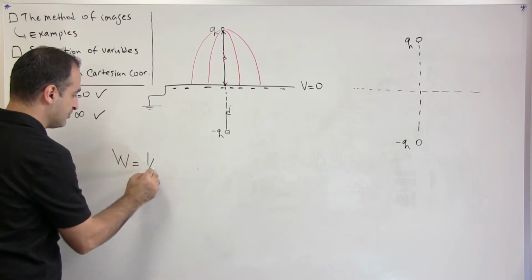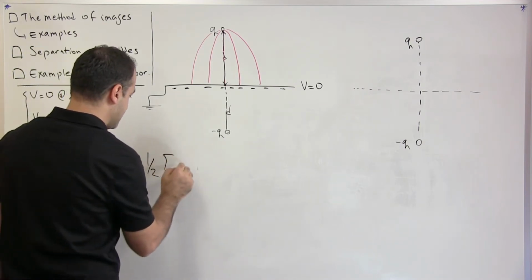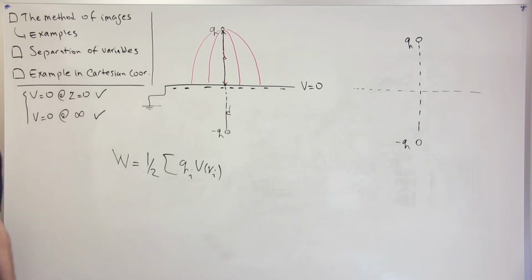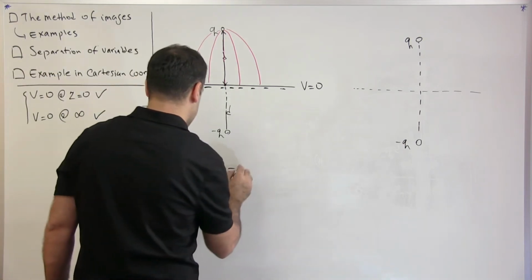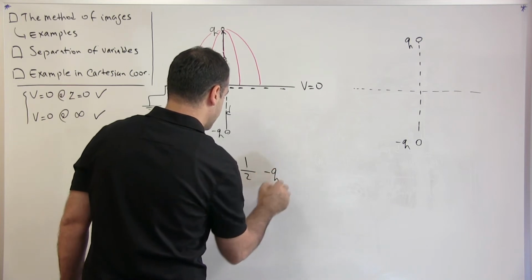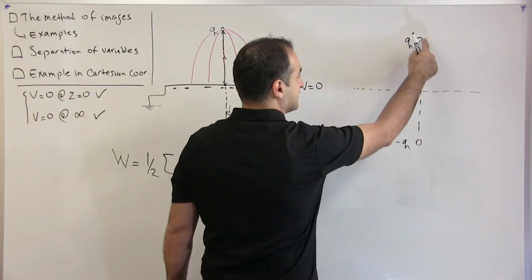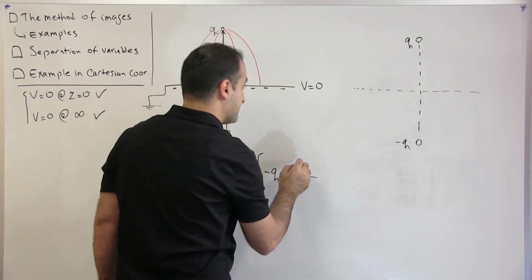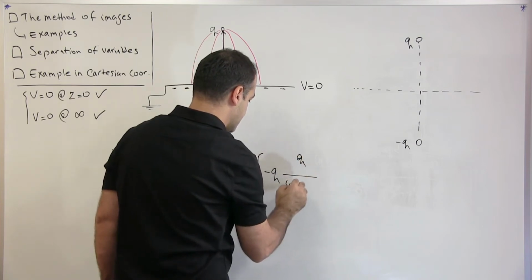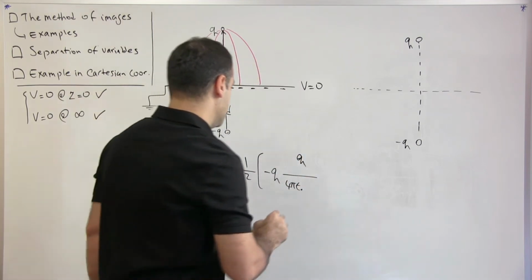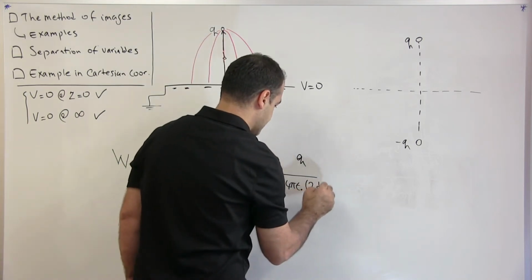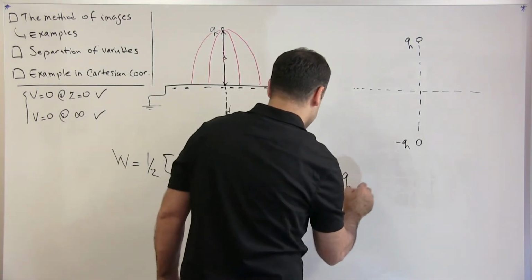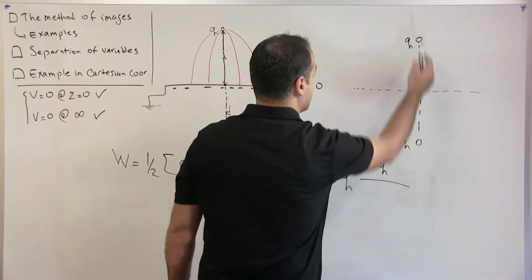Remember, we said the energy of point charges is 1/2 sum of Q_i V(r_i), right? So here we have 2 point charges. The energy is 1/2 times negative Q times the potential of Q created here, so negative Q times Q over 4 pi epsilon 0 times 2d, plus the second one, which is positive Q times the potential of negative Q created here.